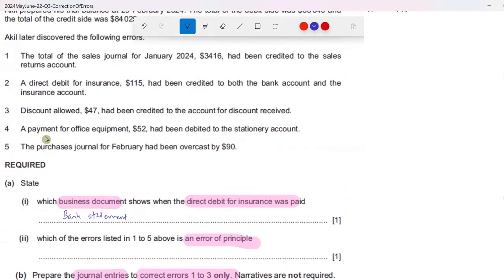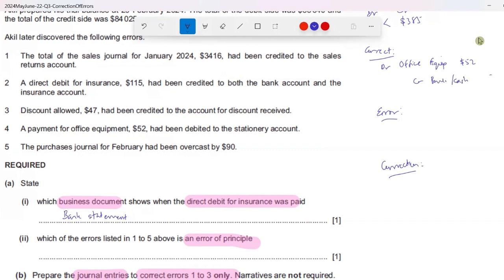Number 4, a payment for office equipment of $52 had been debited to the stationery account. So let's look at it once again. In a correct situation, when payment is made for office equipment, we have to debit office equipment, which is a non-current asset account. Right, a payment we can credit bank or cash.